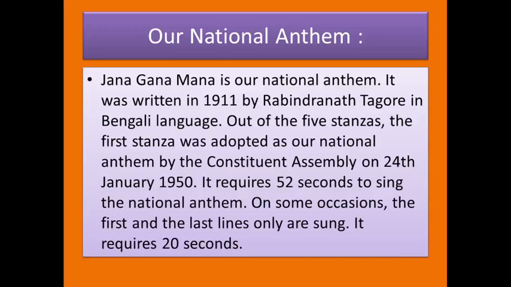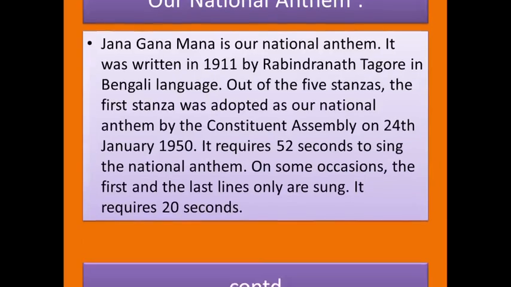It has 5 stanzas, and the first stanza was adopted as our national anthem by the Constituent Assembly on 24th January 1950. So you require 52 seconds to sing the national anthem, and on some occasions, only the first and the last lines are sung, which requires 20 seconds.